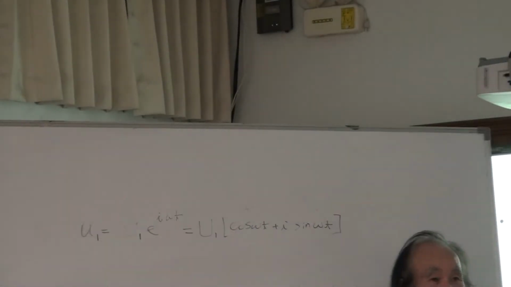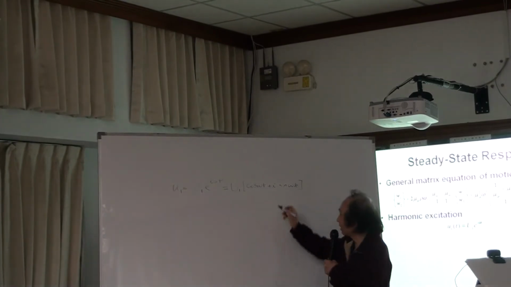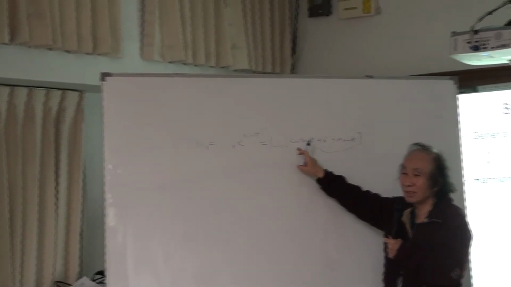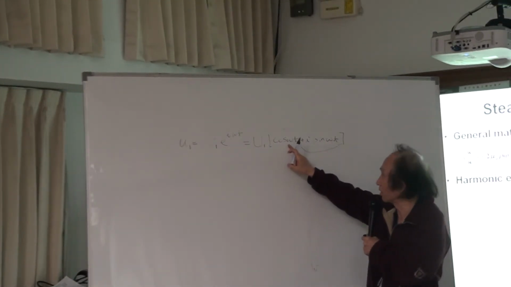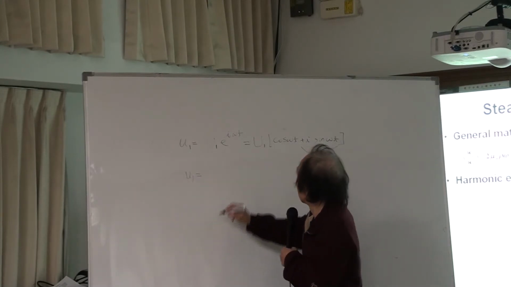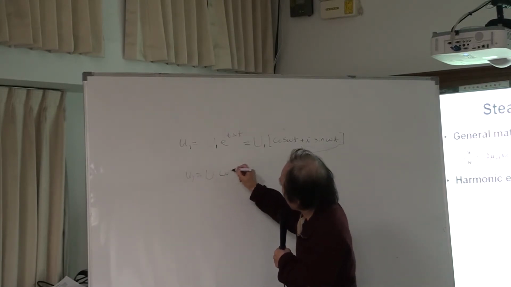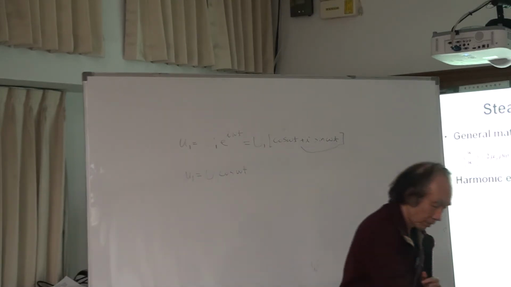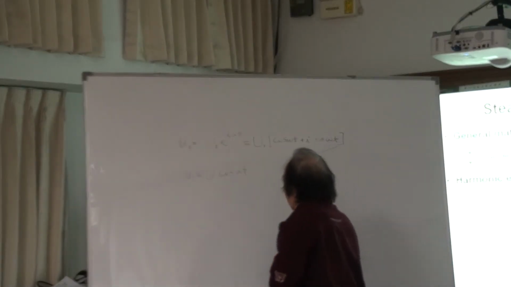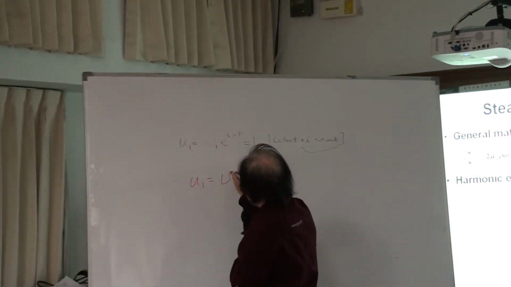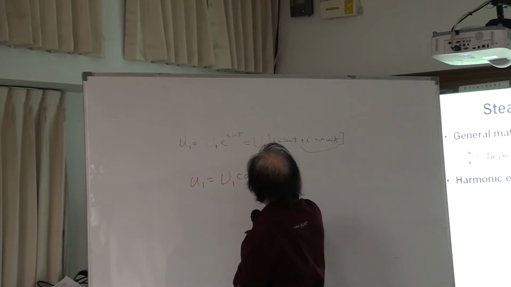This is just for mathematical convenience. This is my additional term. My harmonic function term is really cosine ωt. So I'm really looking at U1 equal to U1 cosine ωt.